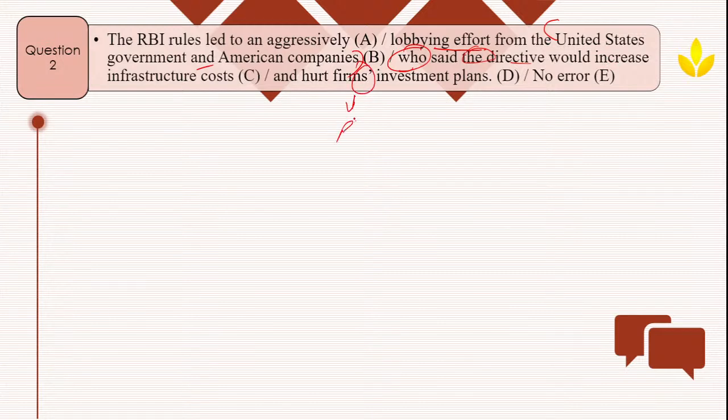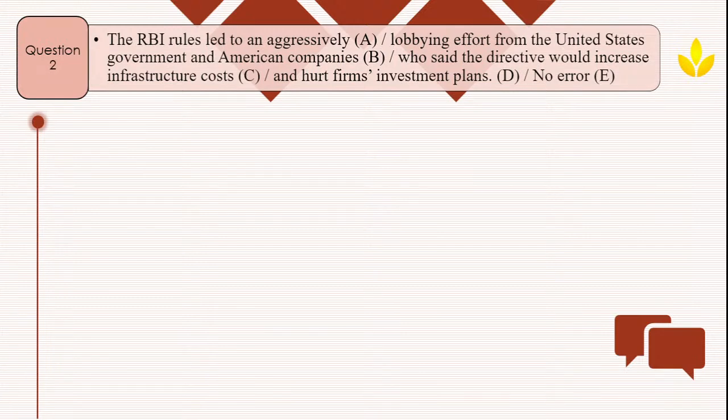This is possessive. Investment plans, this is in plural, it's okay. So if you look at the fragments, it is correct most probably. But if you combine the fragments A and B, you can see RBI rules led to an aggressively lobbying effort.